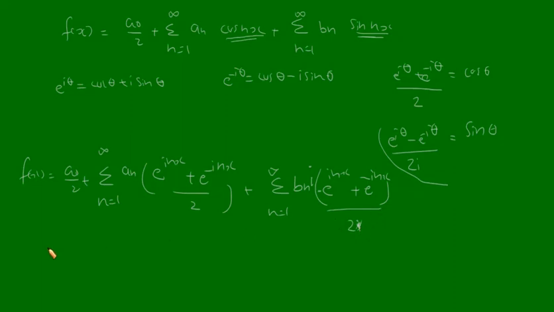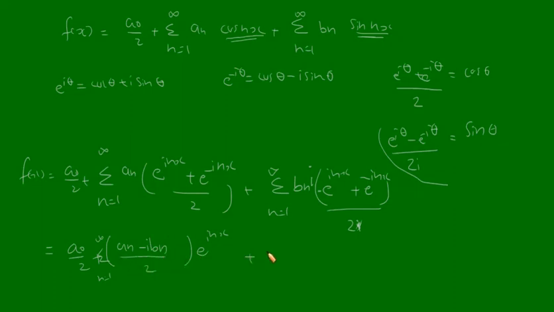Okay, now this can be written as a0 by 2 plus, let us find out the coefficient of e raised to inx. The coefficient of e raised to inx here is summation n is equal to 1 to infinity an, here we get an. Here the coefficient of e raised to inx will have minus ibn by 2.